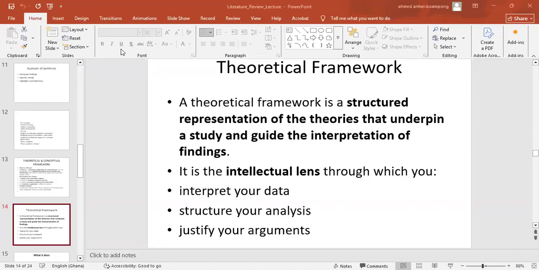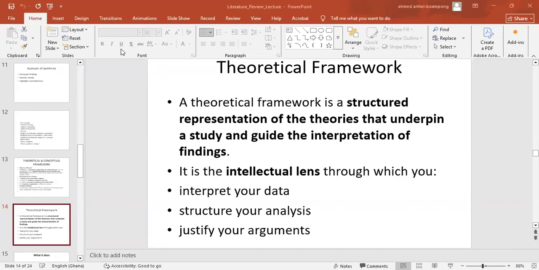Right. So then we have a theoretical framework, which is quite different from a theory. A theoretical framework is a structured representation of the theories that underpin a study and guides the interpretation of your findings. It helps connect your research to existing knowledge.